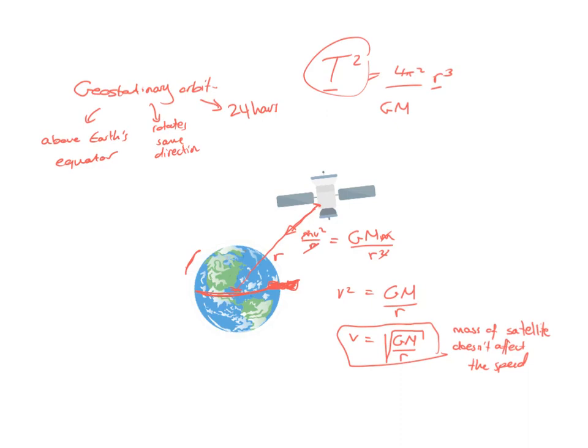Now, the useful thing about geostationary satellites is that they remain in the same place. They're very good for telecommunications, like transmitting and receiving signals for television broadcasting. For that to work, a TV satellite dish has to be pointing in a fixed direction.